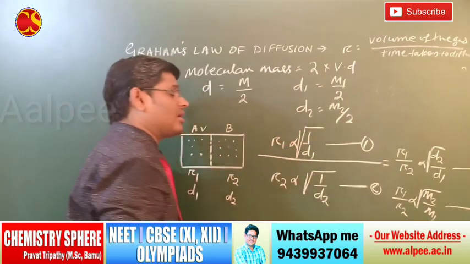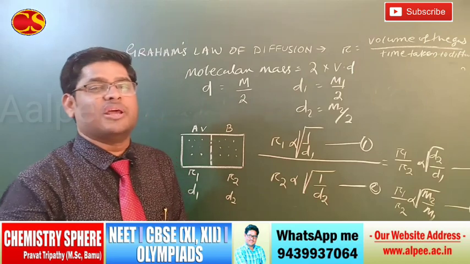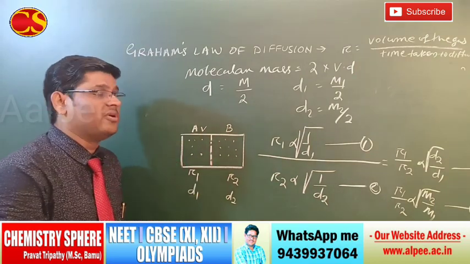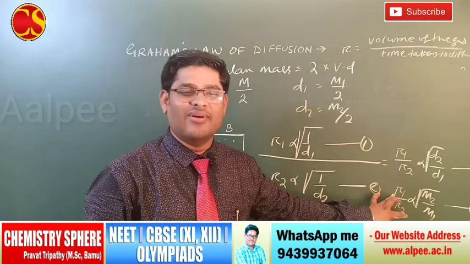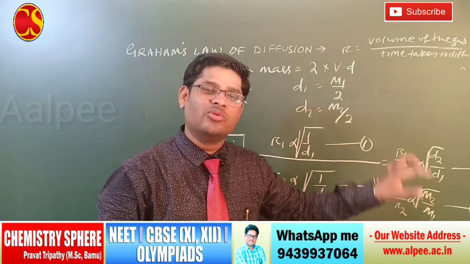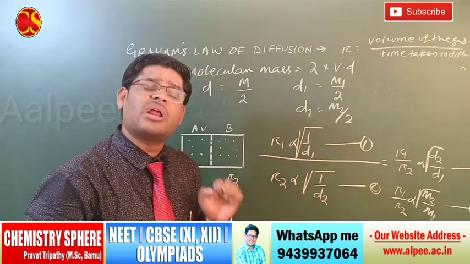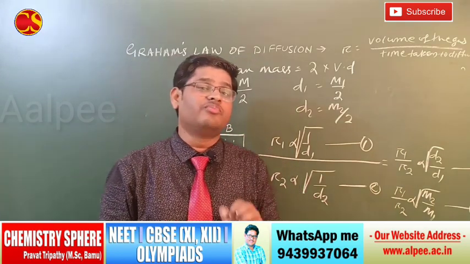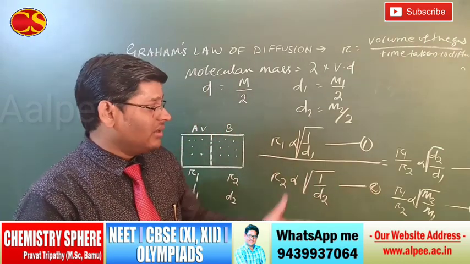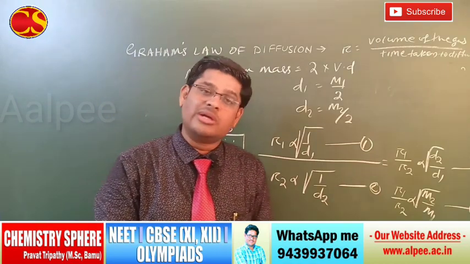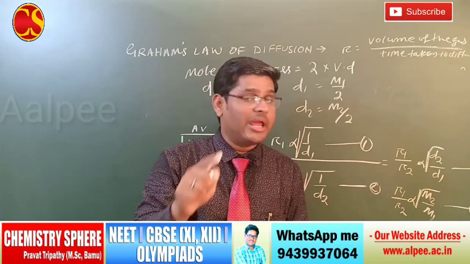Hence, friends, we can write Graham's law of diffusion as: under similar conditions of temperature and pressure, the rates of diffusion of gases are inversely proportional to the square root of their molecular masses. Friends, Graham's law of diffusion is one of the important gas laws, and by this formula, R1 by R2 is equal to root of D2 by D1 and is also equal to root of M2 by M1.